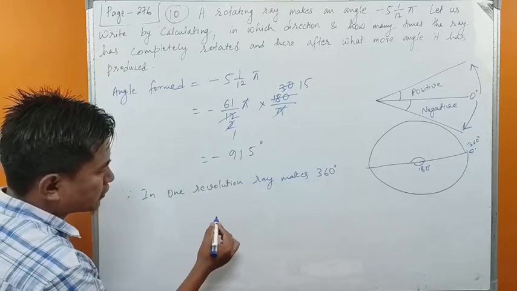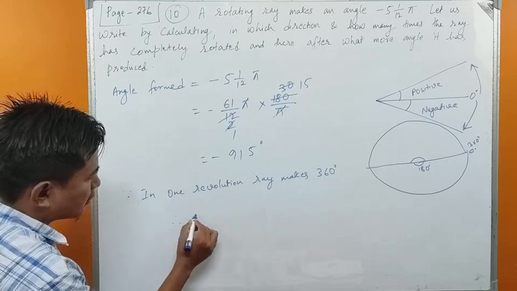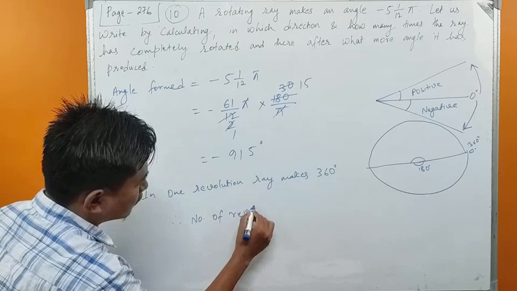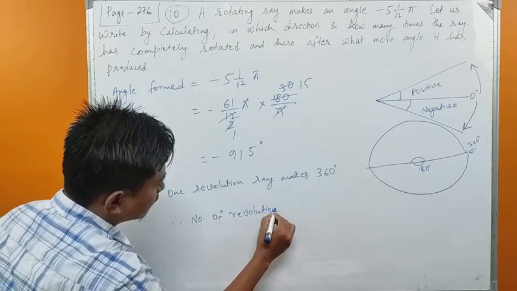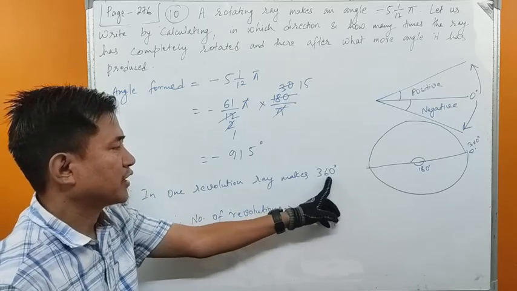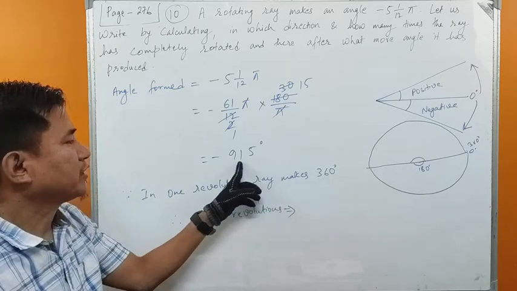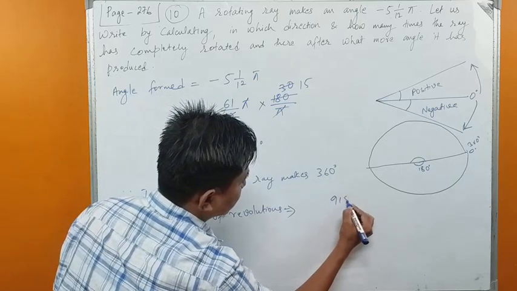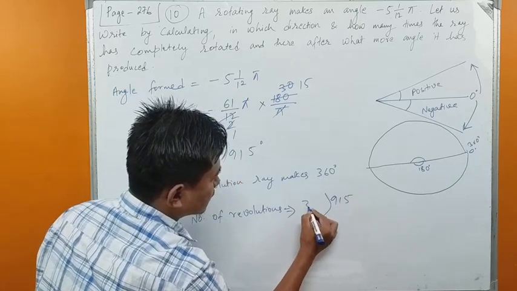So how many revolutions? Number of revolutions equals, in one revolution our ray makes 360 degrees, so we have 915 degrees, which means 915 divided by 360.